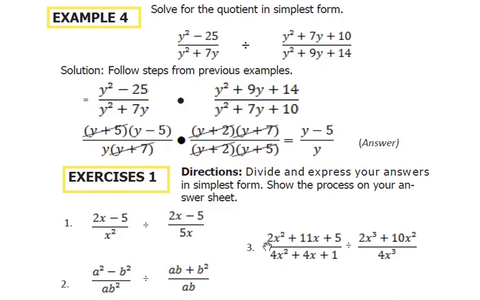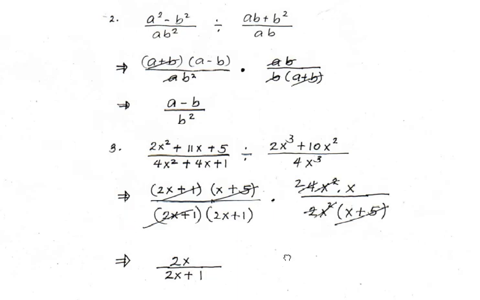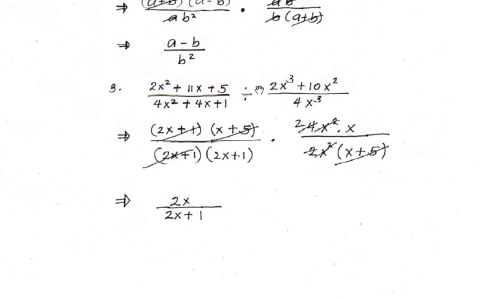For number 3, we have 2x squared plus 11x plus 5 all over 4x squared plus 4x plus 1 divided by 2x cubed plus 10x squared all over 4x squared. Copy pasting here in this solution, we change this divide symbol into a multiplication symbol, then factoring the numerator becomes 2x plus 1 times x plus 5.